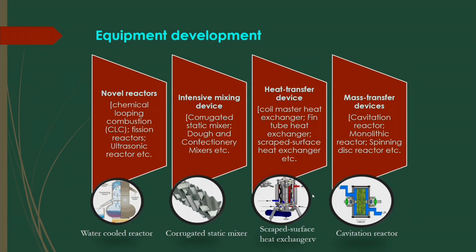And spinning disk reactors are also coming nowadays, where separation as well as reaction both happen simultaneously in an integrated way. So in this case the spinning disk reactor is also one important intensified equipment for mass transfer. So the process intensification is actually being done in different ways. So equipment development is one of the important aspects for that.